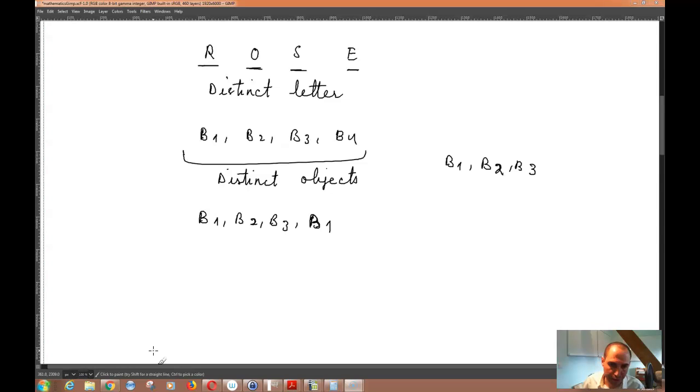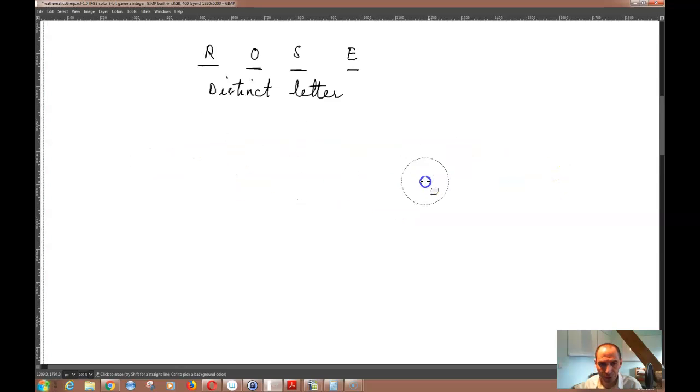Then in this example our objects are not distinct, meaning that B1 has been repeated 1 time. So in this case, what we want to consider is the permutations when all the objects are distinct, for example the permutations of these 4 letters, taken all or some at a time. That's what we are interested in right now.